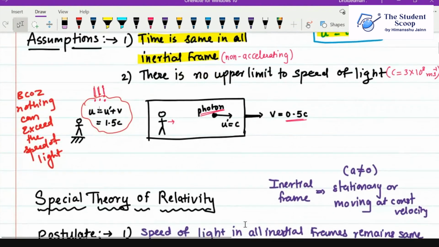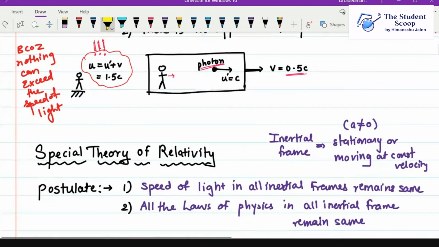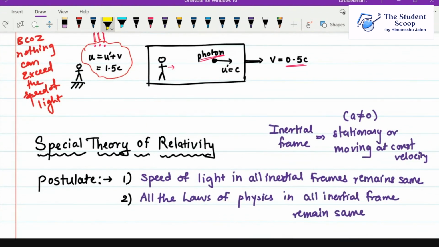So as I mentioned earlier, inertial frames are the frames which are stationary or moving at a constant speed. Then we will talk about the two postulates. Now there is also another question based on the postulates of relativity. So the first postulate is that the speed of light in all inertial frames remains the same.